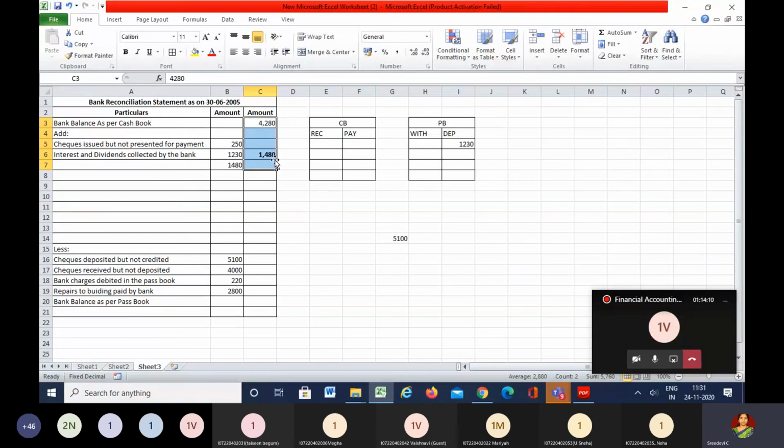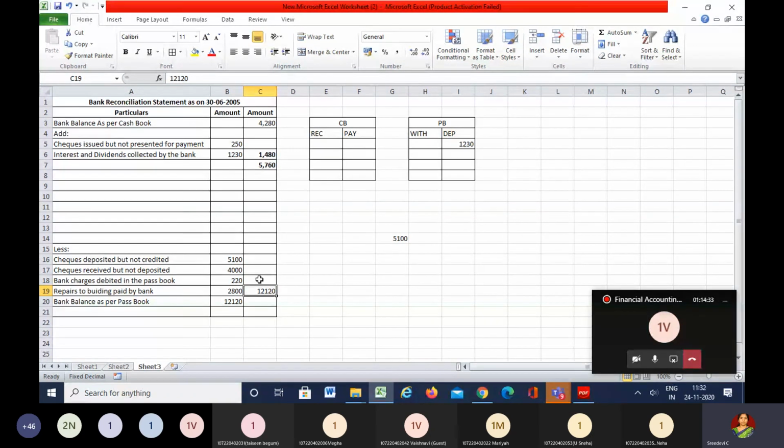Therefore 5760. Then coming to the total of the deductions, which is 12,120. Okay. Now here if you see, the additions are lesser than the deductions, right?